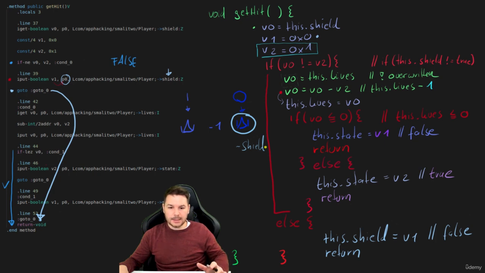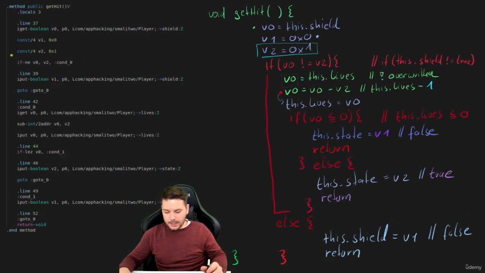Let's see where we can find this part in our if statement on the right. We start over here. We are looking for the point where we are losing lives and where we change the shield state. So is it within this or this if statement? Let's see. This one over here. This is the initial first one.